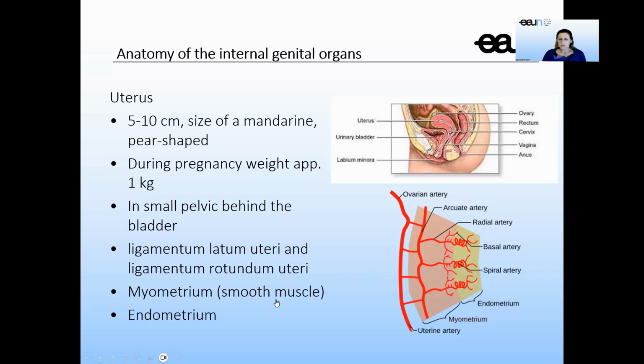So it's possible to expand a lot for having a baby inside the uterus. And the inner layer, the inner side where the baby also is, I don't know the English word, I'm sorry. It's the endometrium, and that can also cause issues in some older women, but that's more a gynecological problem, so we won't attend to that.